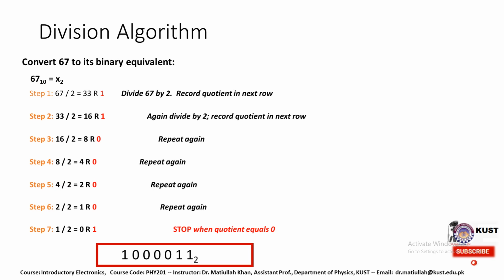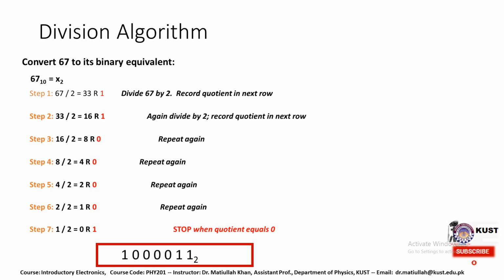16 can be equally divided by 2, and that results in 8 with 0 remainder. In the next step we divide the 8 by 2, that results in 4 and the remainder is 0.